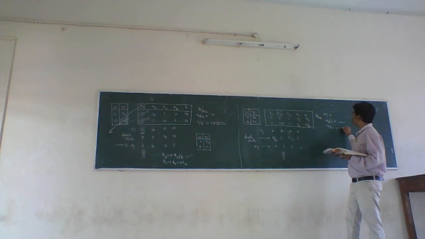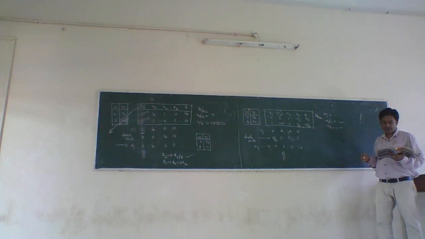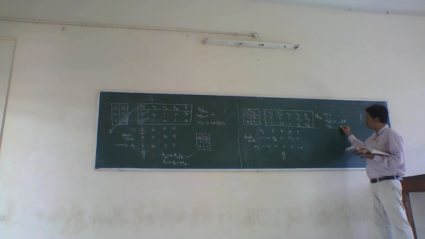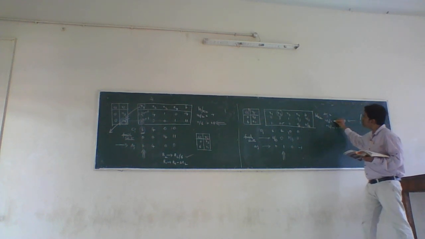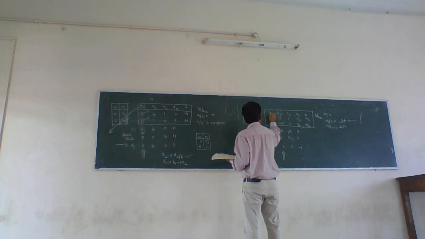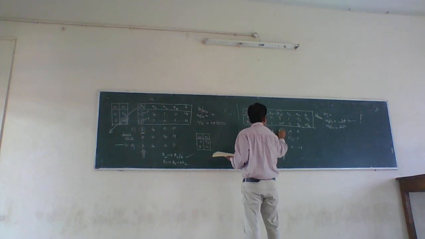Now what is the minimum among these? That will leave. I am writing the answers also: you will get 3.4 here and 7.3 here. So this is the minimum value and will leave. That means x3 will leave now, and x2 will enter with the corresponding Cj value.